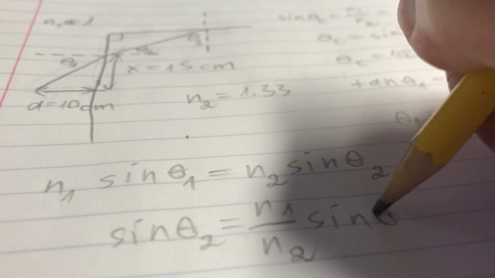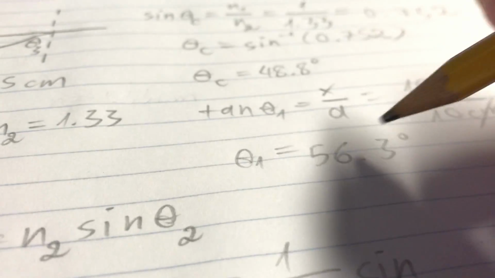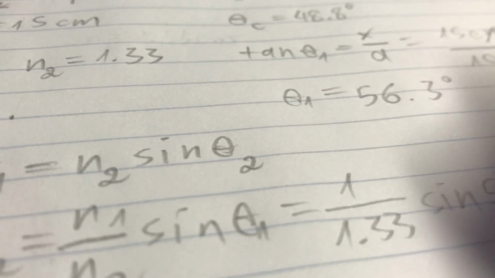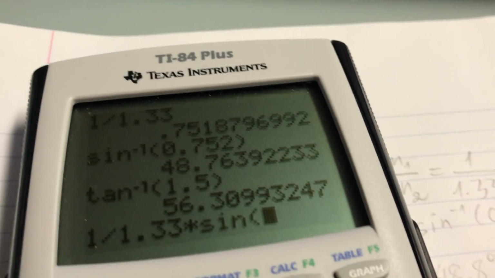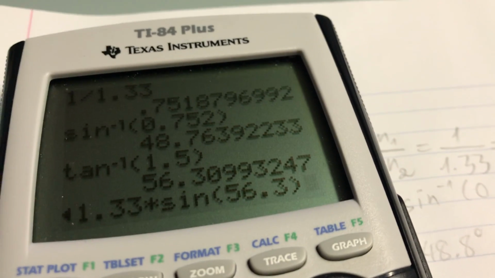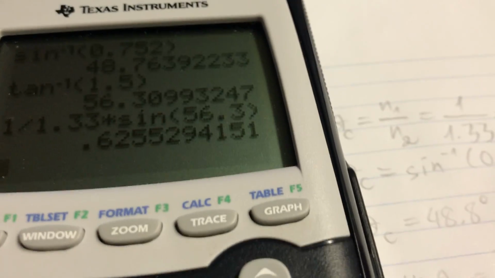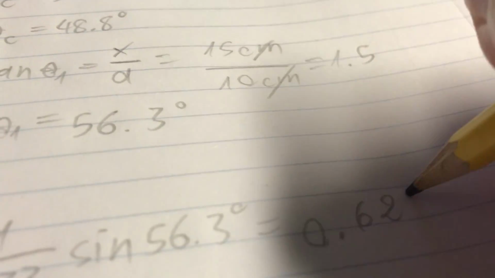That means sine of theta 2 equals n1 over n2 times sine theta 1. n1 is 1, n2 is 1.33, and theta 1 is 56.3 degrees, so that is 1 divided by 1.33 times sine of 56.3 degrees, which is 0.626.